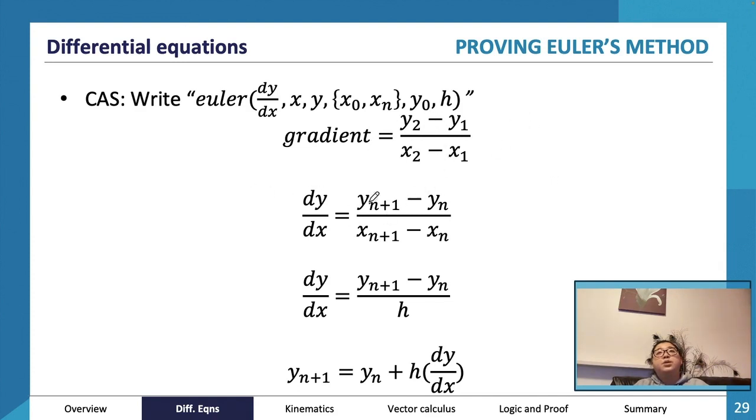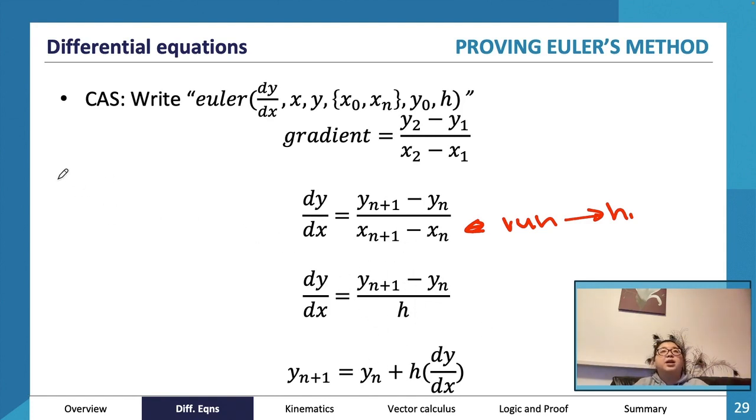So if we wanted the gradient for this one, it would have been yn plus 1 minus yn over xn plus 1 minus xn, and this one is our run, which we've named our h value. So if you multiply out by that, you'll get yn plus 1 minus yn, so the yns will cancel out and you'll end up with yn plus 1.